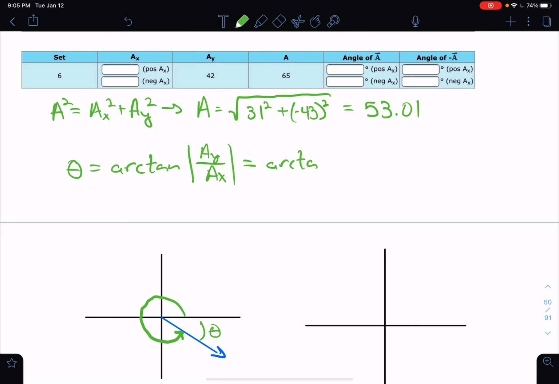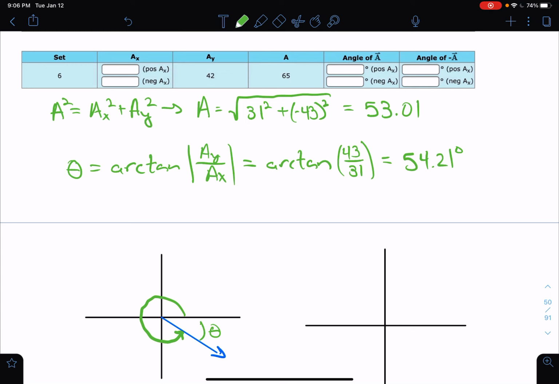Since I'm taking the absolute value, it means I'm just ignoring the negatives. So it's going to be the absolute value, the arctangent of 43 over 31. So that's what I'm taking. Again, it's absolute value, so I just ignored this negative as a result. And when you take the arctangent, that gives you approximately 54.21 degrees. So that's this angle theta.